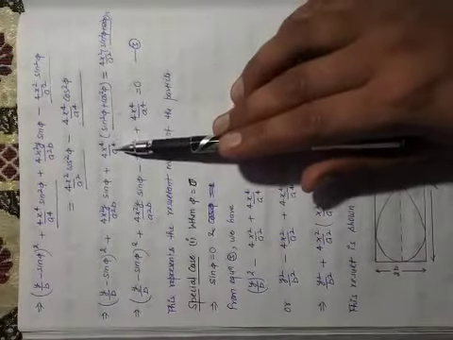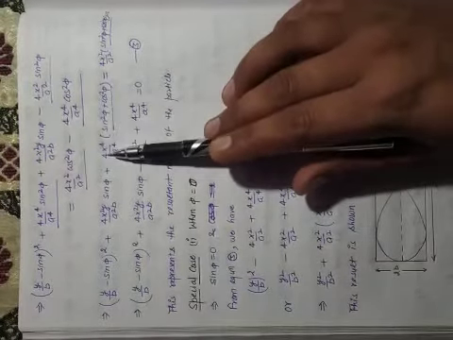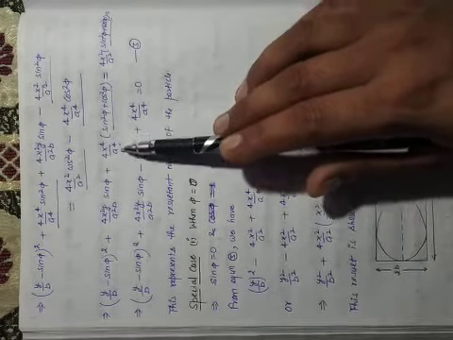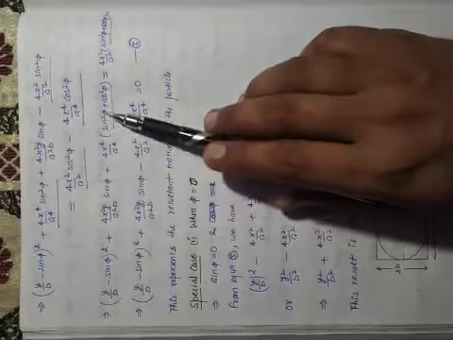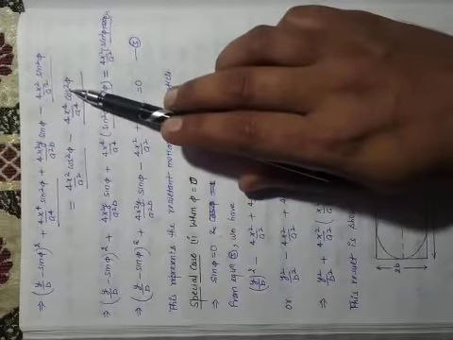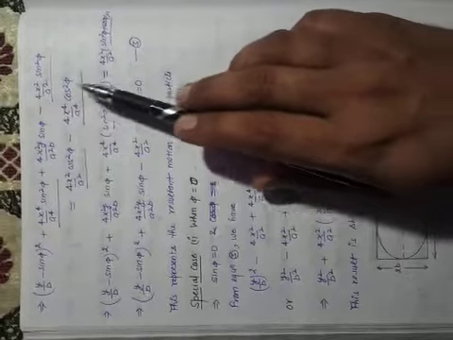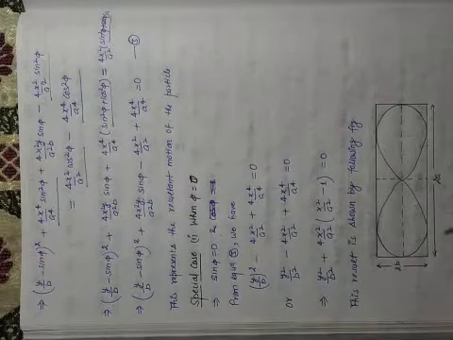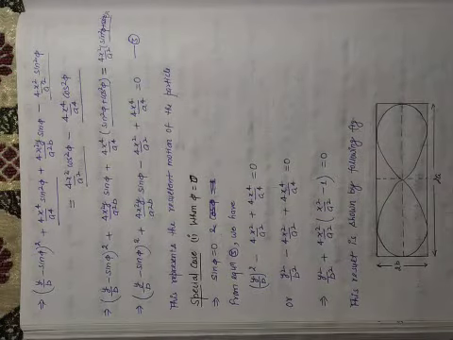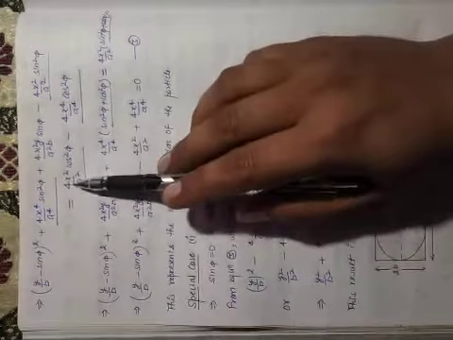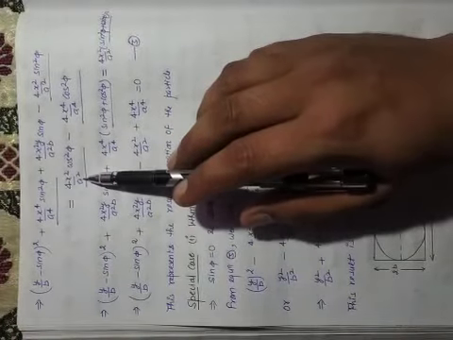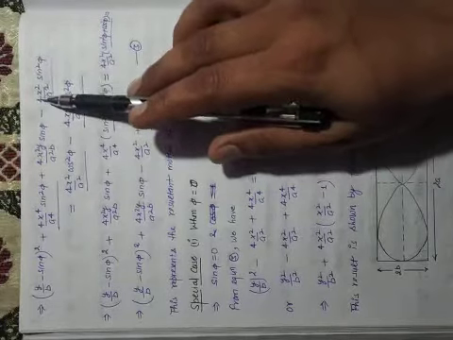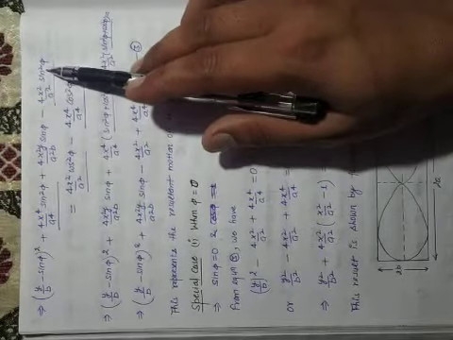This happened here: 4x to the power 4 over a to the power 4 common, and sin square phi is from this term, and plus cos square phi from this term, when this term is going on to the left hand side. Okay, and look at these two terms, 4x square over a square cos square phi, and with minus sign onto the left hand side, 4x square over a square sin square phi.